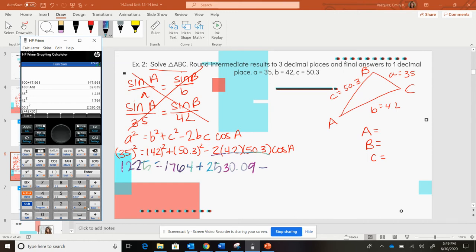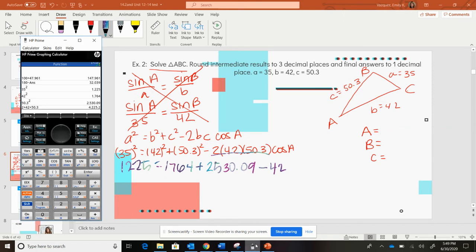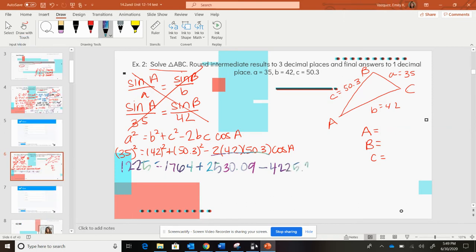And obviously I'm not plugging in the cosine part because I don't have the A right now. So this is just the number in front. And then this has a cosine A attached to it.